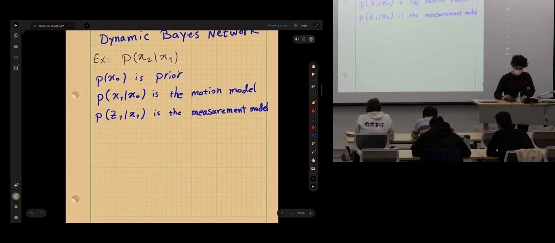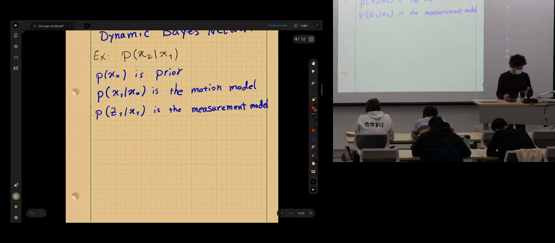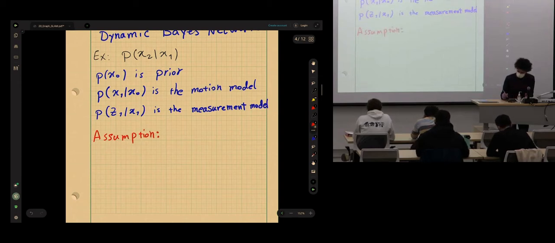We're going to make an assumption. So the assumption is a Gaussian noise model.